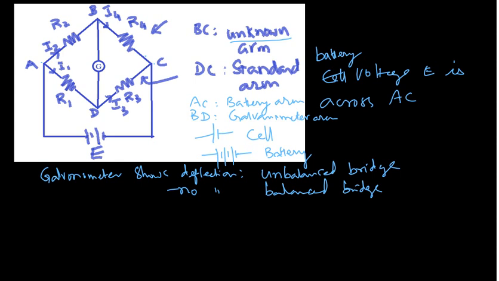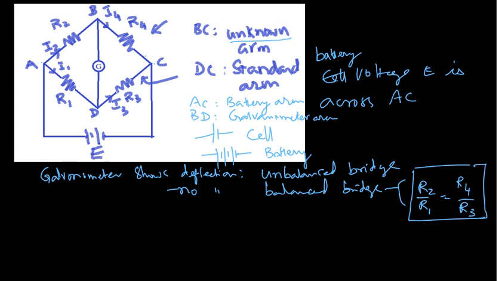At that time, the condition, which we will prove in the following steps, is R2 by R1, under the balanced condition, R2 divided by R1 equal to R4 divided by R3. This is the important thing, and this is under the balanced condition.